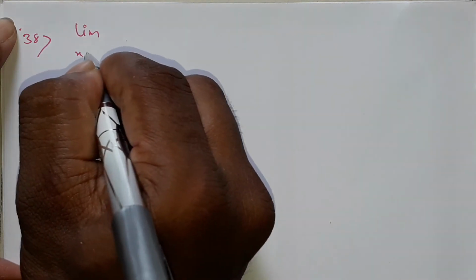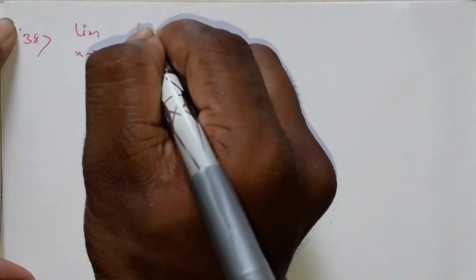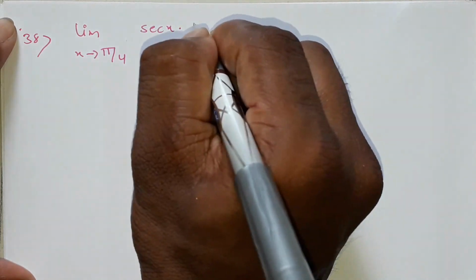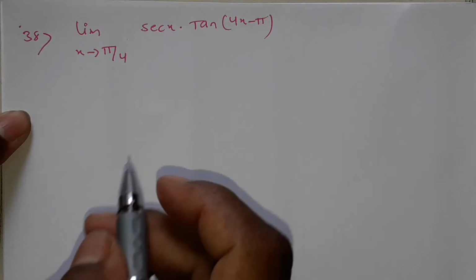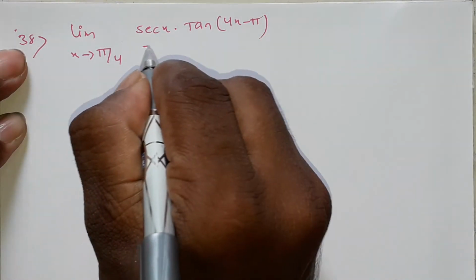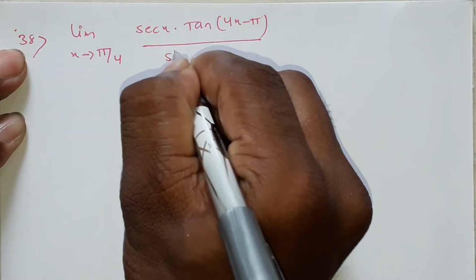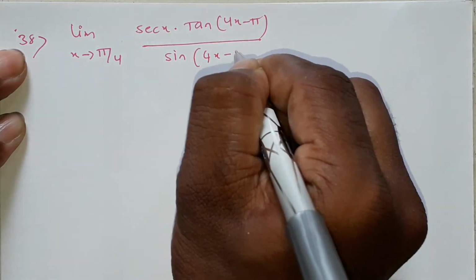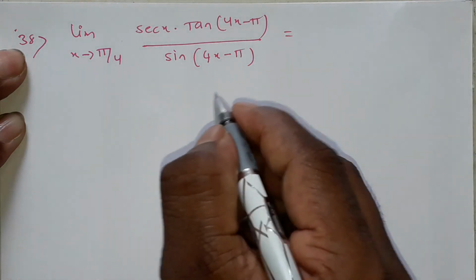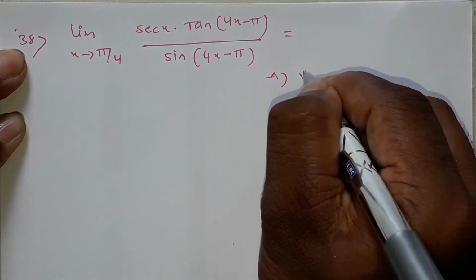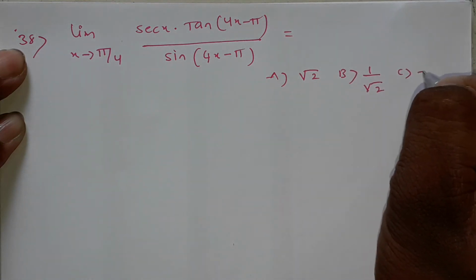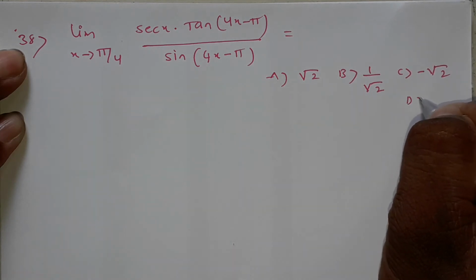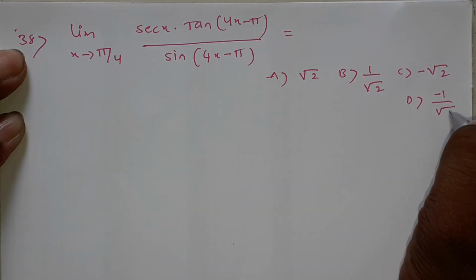Next question is 38. Limit x tends to pi by 4 of secant x into tan of 4x minus pi by sin of 4x minus pi equal to, option A is root 2, option B is 1 by root 2, option C is minus root 2, option D is minus 1 by root 2.